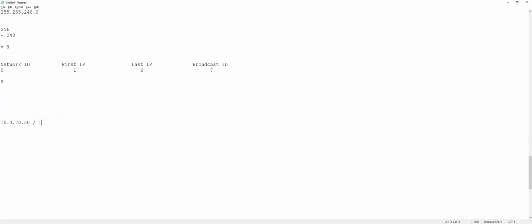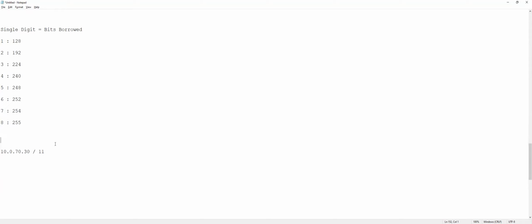All right, we will use this methodology once again. Class A starts from a /8, right? So from a binary bit perspective, from the first octet, it will be 11 minus 8, which will give you 3, if my math is correct. So that's 3 bits borrowed from the first octet.